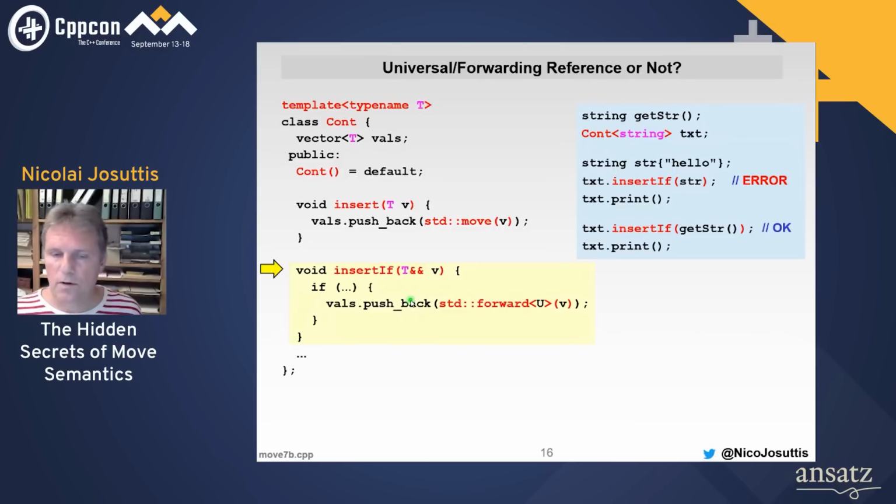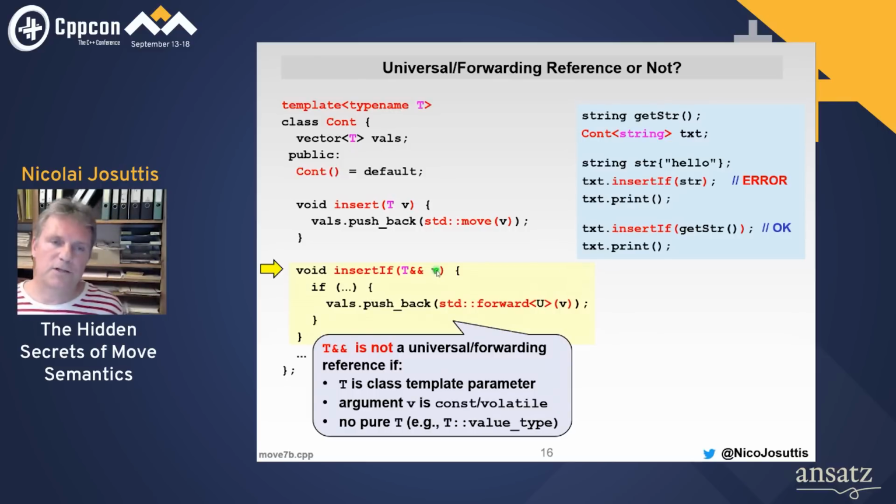Well, the rule of thumb I just showed you was not precise enough. This is not a universal reference, or this is not a forwarding reference. There are additional constraints, and you have to be very careful to find out what is a universal reference and what is not.